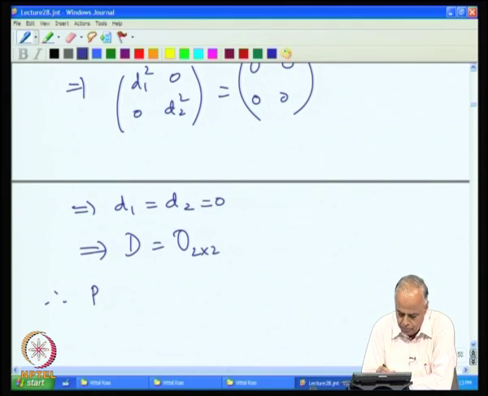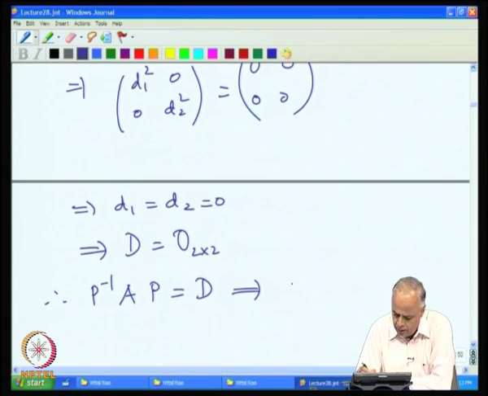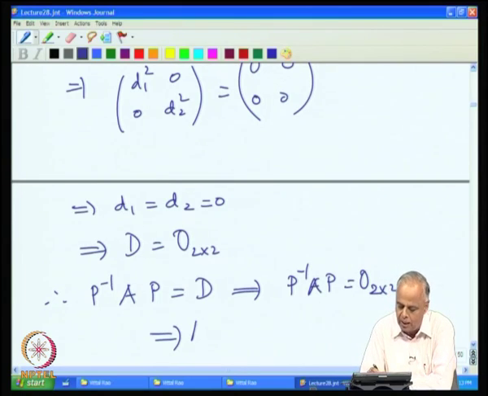And therefore, P inverse A P equal to D implies P inverse A P is the 0 matrix, and once again taking the P's to the other side, we get A is the 0 matrix.